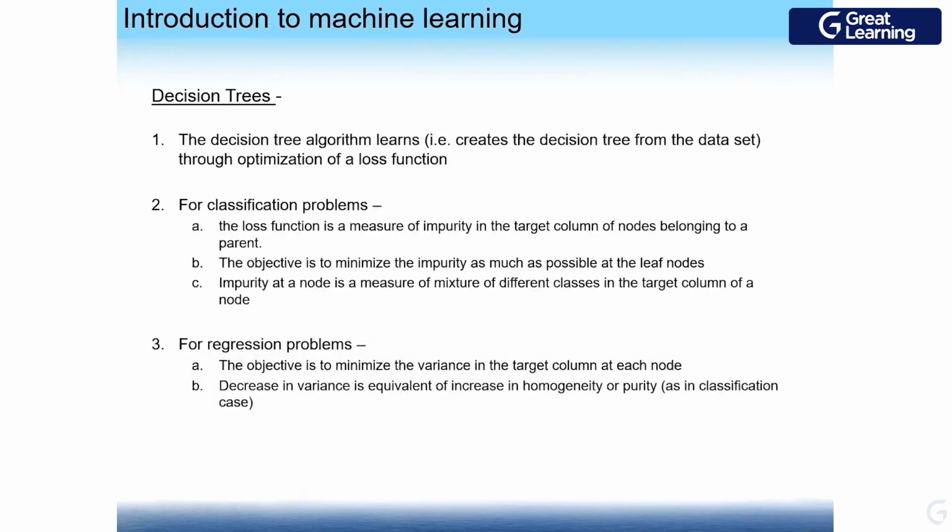So if you're doing classification, then the objective of decision tree algorithm is to create as pure nodes as possible. Pure means the nodes should belong to only one class. That is the objective.